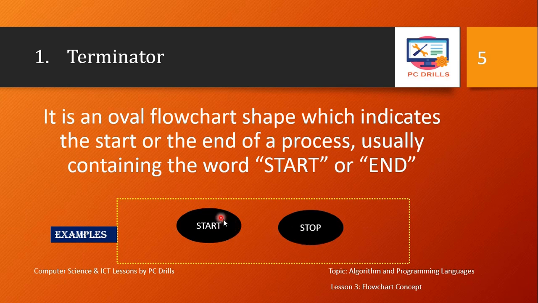Sometimes you see begin, end, start, stop, and so on. But the thing is, to use the terminator, you must have these particular words. You can remember and use start and end. Start for the beginning, the first one that you see, end for the last line, the last particular shape you draw will be this shape, and you put end inside of it.